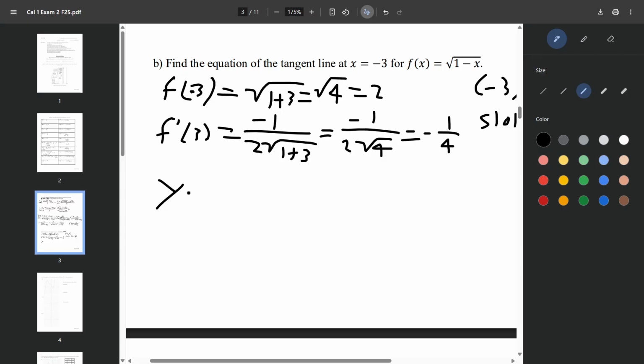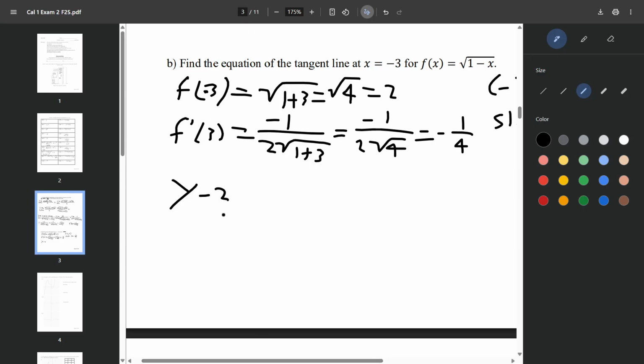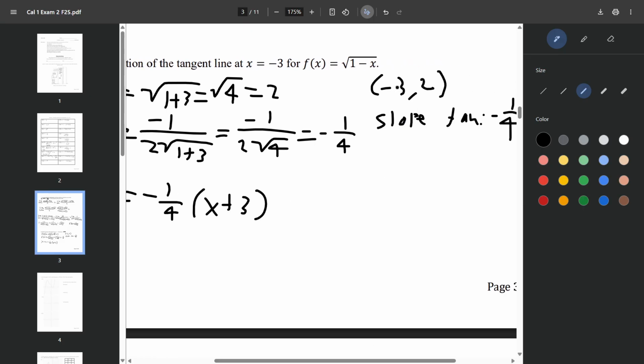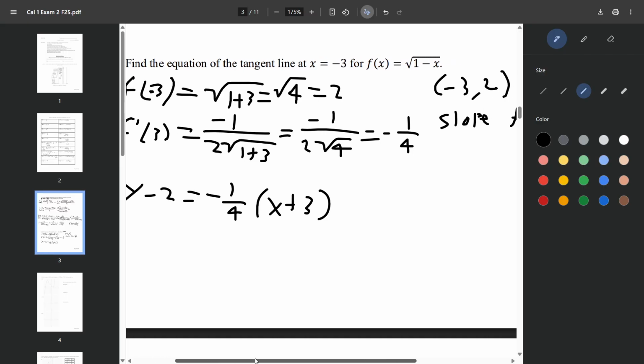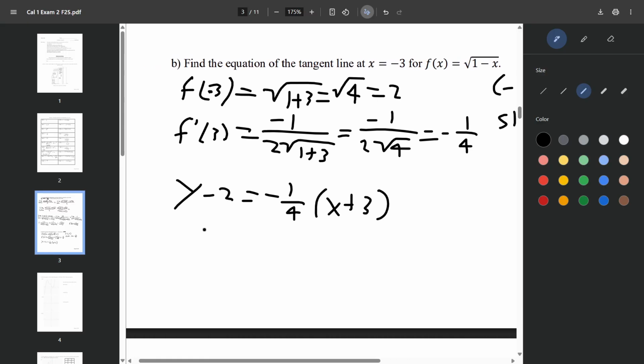So in this case, our equation will be y minus 2 equals negative 1/4 times x plus 3, because our x is negative, so it'll turn into a positive, and our y goes here, so it'll be a negative in this case.